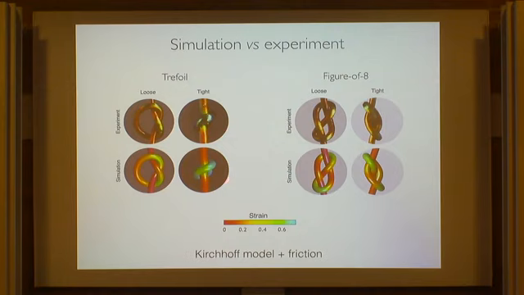This shows that our curvature model, with some extra friction, which I can talk about later maybe, reproduces the experimental strain pattern. Then we can use this type of continuum model to study different knot configurations and try to understand simple rules for when one knot is more stable than another.